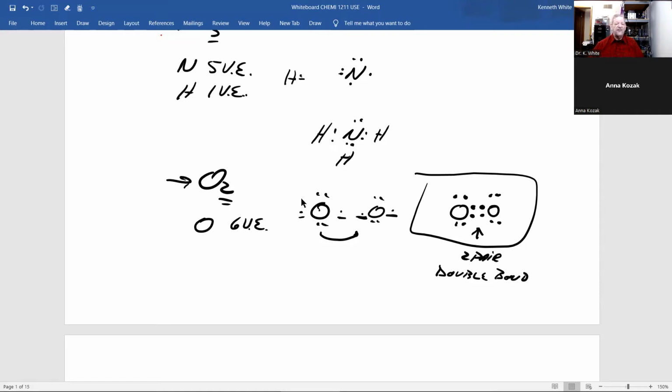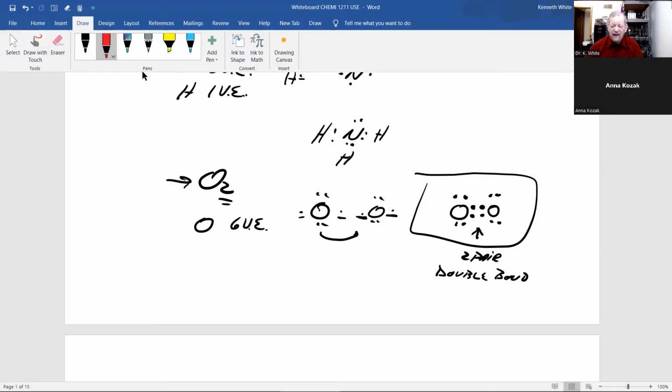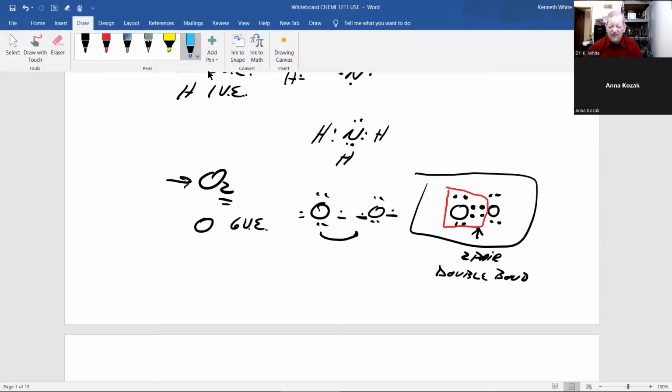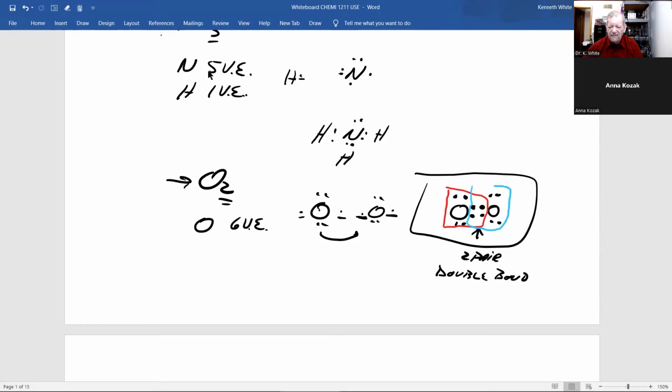Now, I didn't do it for ammonia, even though it's true, but I'll do it now. If we look at each oxygen at the shared and non-bonding electrons, look at that in red, count them, 2, 4, 6, 8. It's got an octet. If we look at the other oxygen, I'll do this in blue, 2, 4, 6, 8.